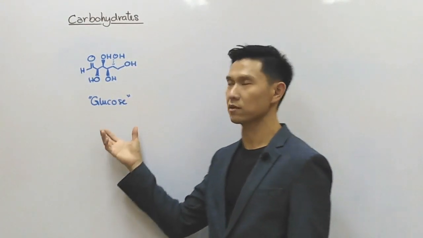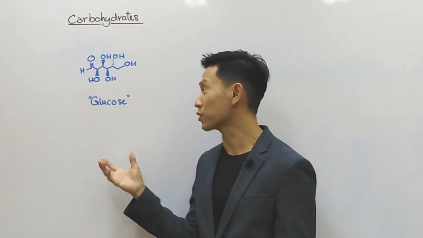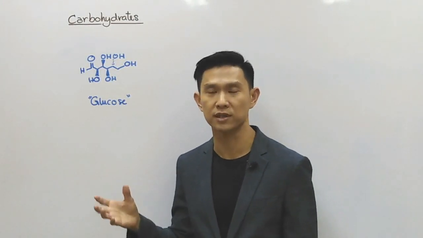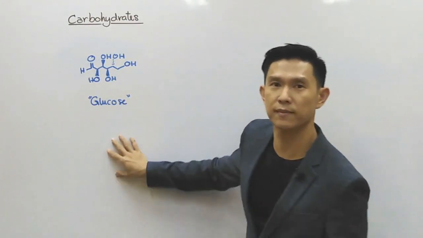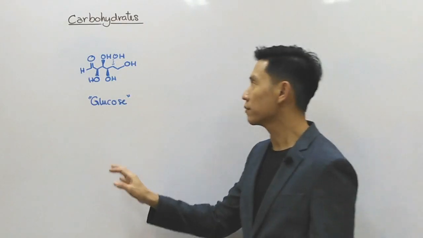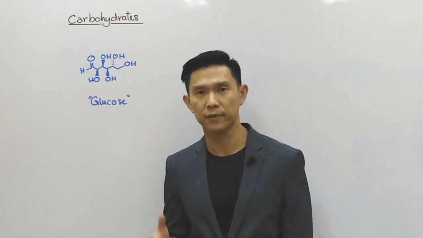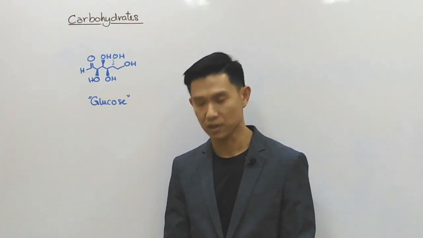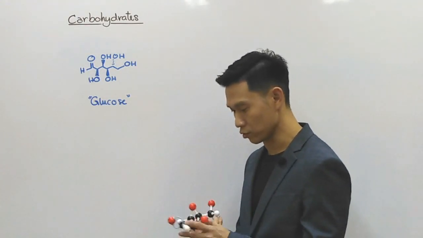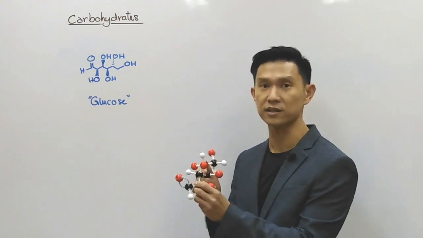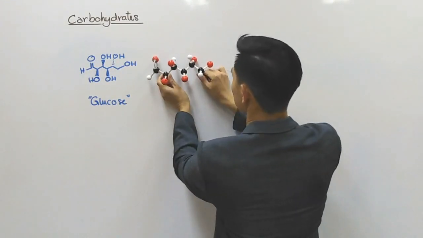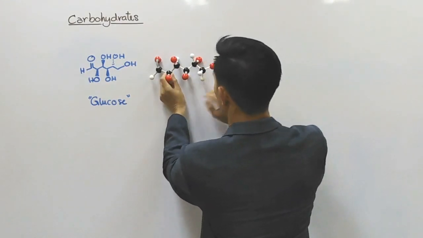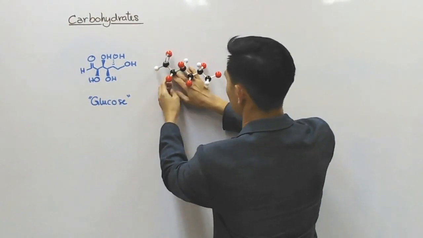From this picture I'm trying to draw the three-dimensional structure onto this two-dimensional whiteboard, right? But how would it be if I just show you a three-dimensional model? So this is the model of glucose. It's exactly the same as the thing that I have drawn on the board here.